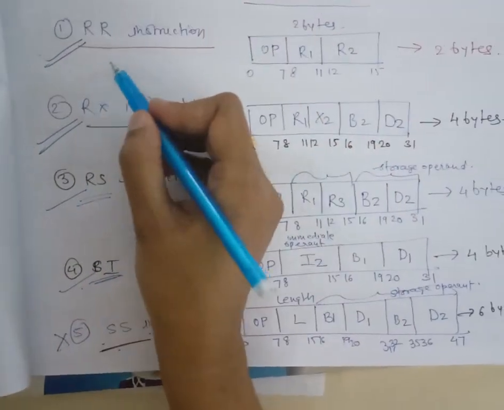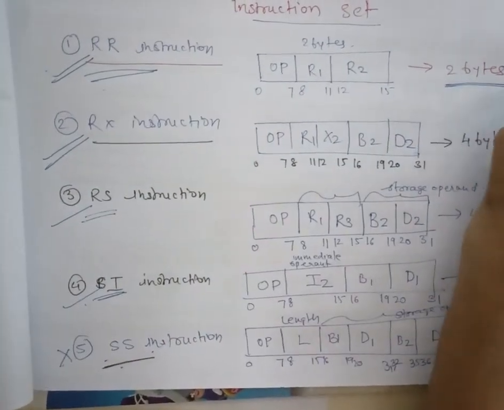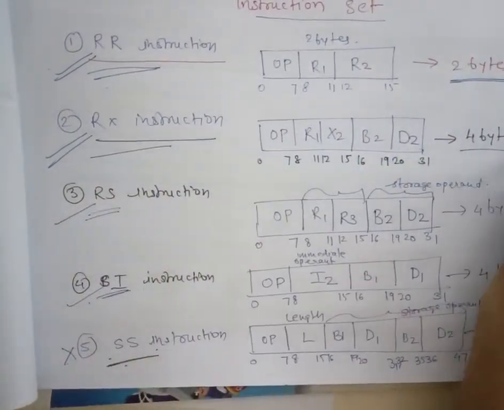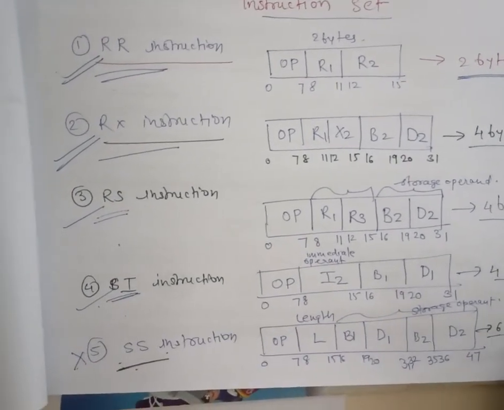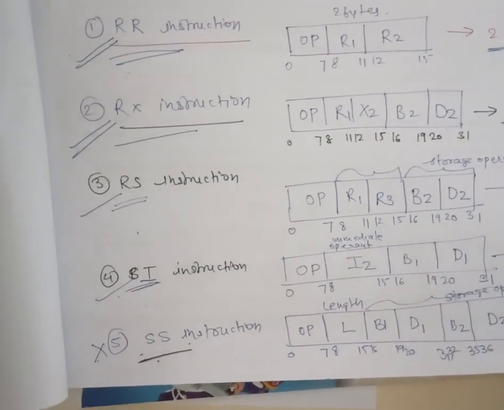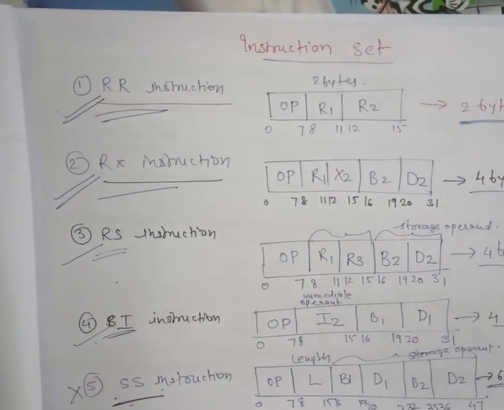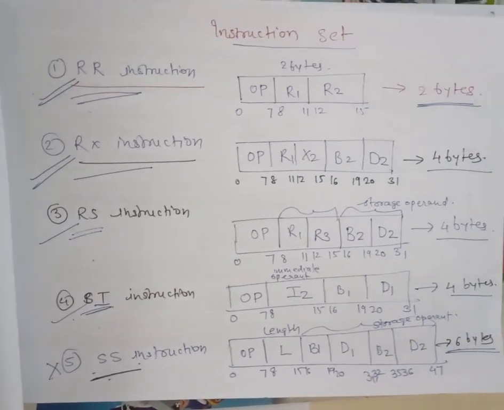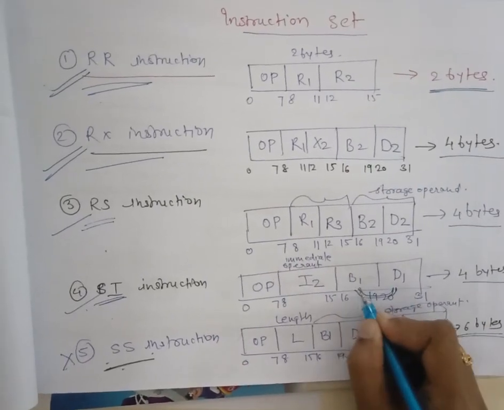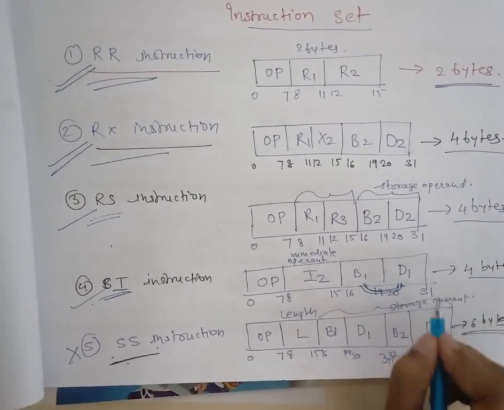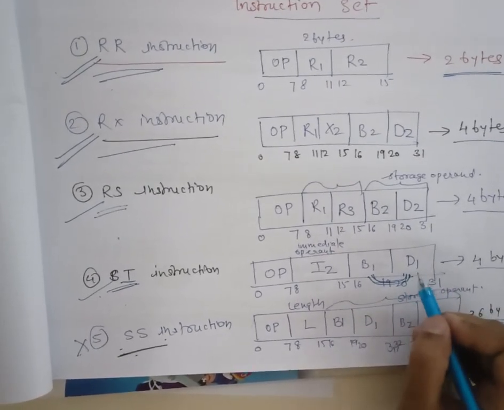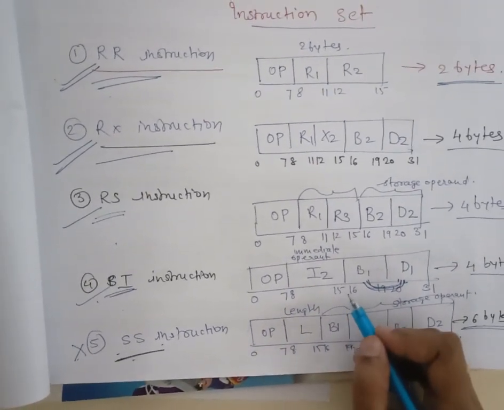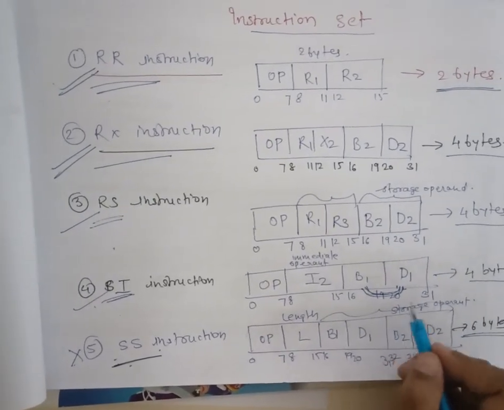So remember that the RR instruction always contains 2 bytes, RX contains 4 bytes, RS 4, SI 4 and SS 6 bytes. One more thing we have to remember is how to solve for displacement and base, which we will see at the time of solving the assembler problem, that is, how we use the base and displacement in our programming for finding the machine codes.